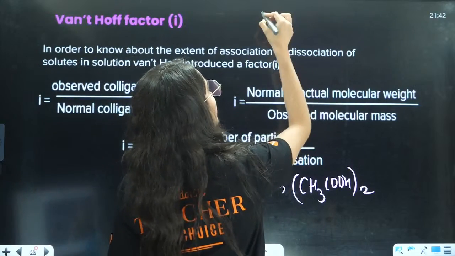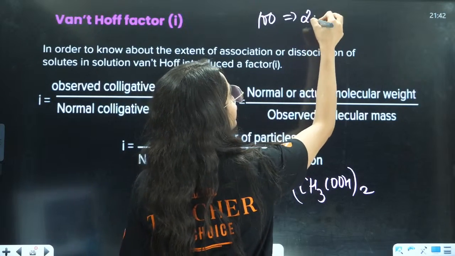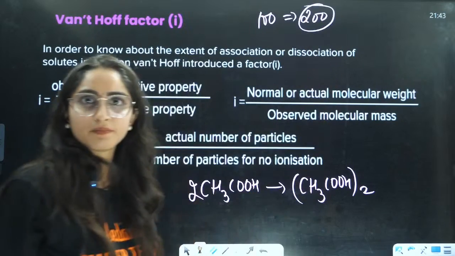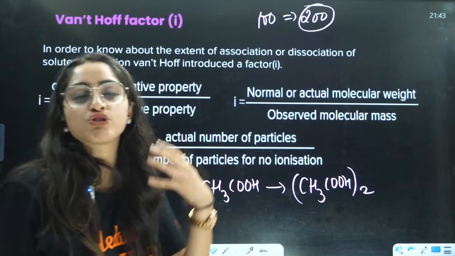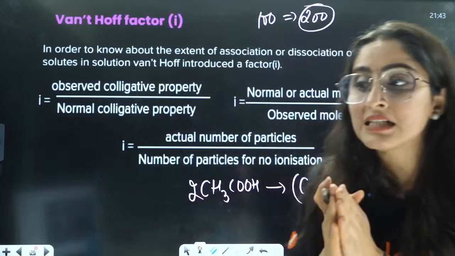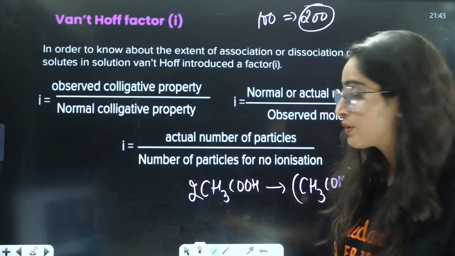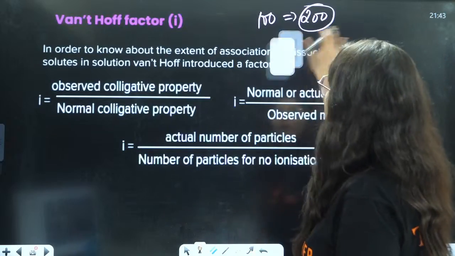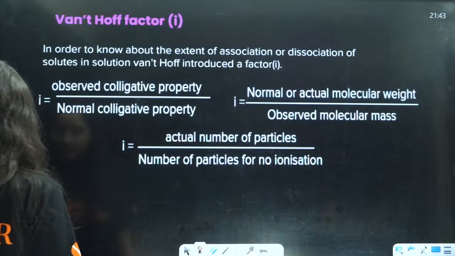We were thinking about 100 particles of NaCl, but after dissociation we have 200 particles, right? That means because of association and dissociation, the number of particles are changing. That is the reason the colligative property will change. So now let us see what is the change in the colligative properties. All the colligative properties I am writing here, let me see if it is already mentioned here. It is already mentioned here, right?